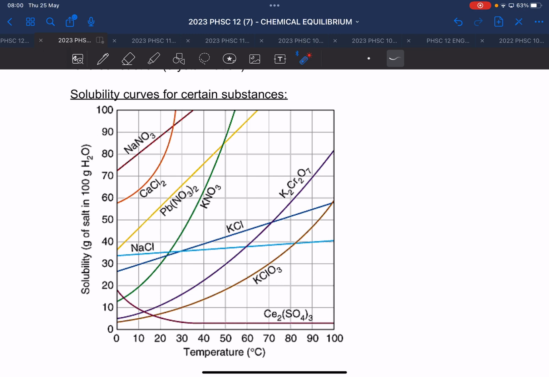I'm asking why. Think about it, we are looking not at rate, we are looking at three things: concentration, temperature, pressure. What are we changing here? Temperature. Okay. So I just want to follow my correct order here.